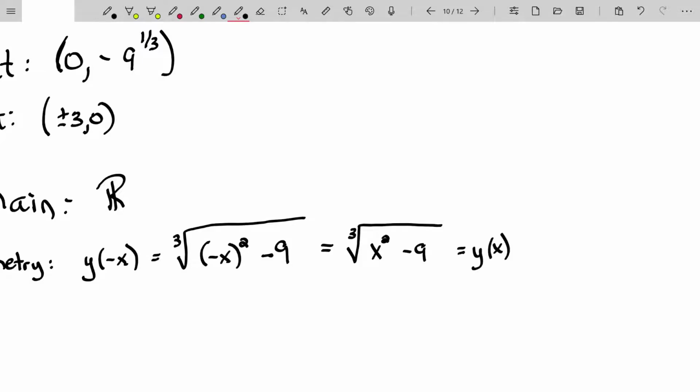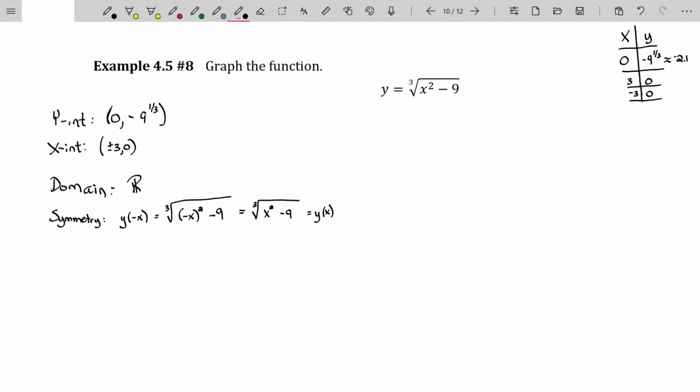So therefore, the function is even. Super nice to know. That means we only have to graph the right-hand side super accurately, and then I'll just reflect it about the y-axis. Also, most of my questions from this point forward will focus on 0 to infinity, not negative infinity to infinity. Really nice to have that.